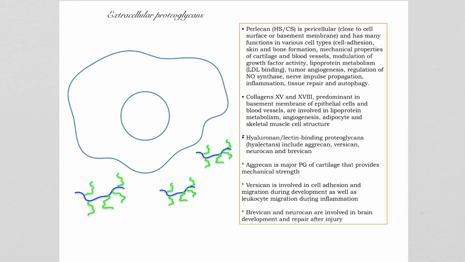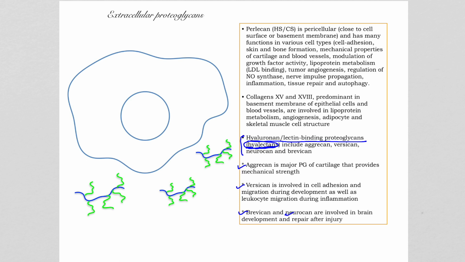And then the class of extracellular proteoglycans called hyaluronan-lectin binding proteoglycans. So the hybrid word is hyaluronan-lectins, so hyalectins. These are the ones that include aggrecan, versican, brevican, neurocan.